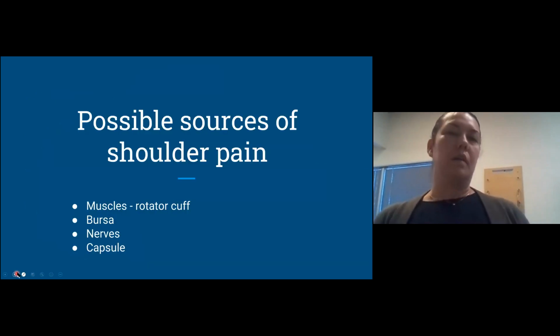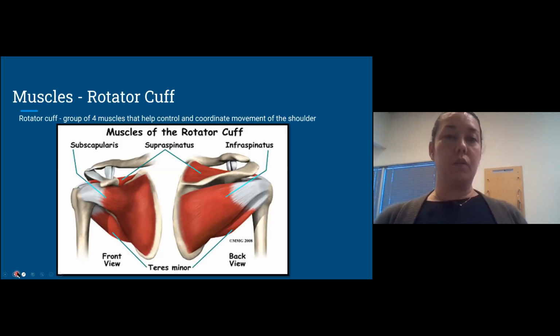So what are some possible sources of shoulder pain? Structure-wise, what could be giving you that pain? Some possibilities are the muscles, the bursa, the nerves, and the capsule. Now, of course, there are numerous others, but these are some common sources of shoulder pain. So first, we're going to talk about the muscles, specifically the rotator cuff.